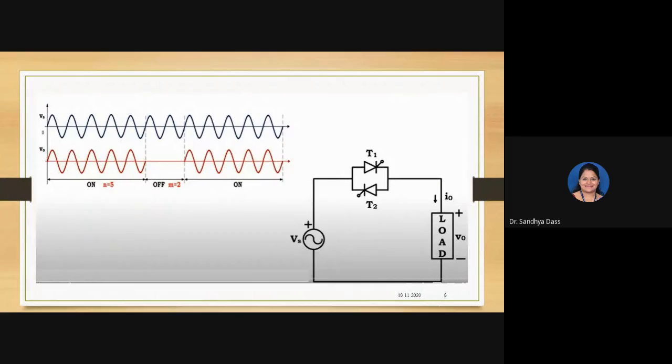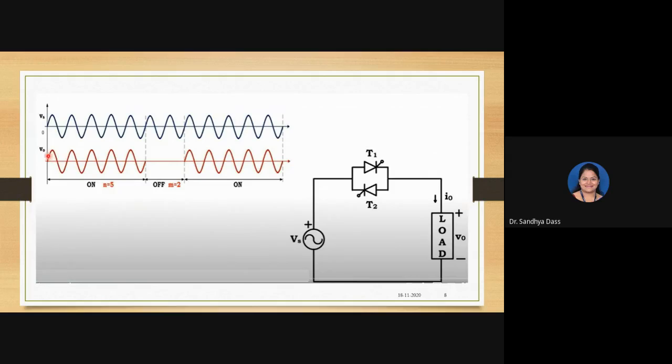Yes, the waveform is the same. Even if you turn off when M is equal to 2, the supply will be off. So I think your question is, what is the role of the thyristor? If the thyristor weren't there, you would get the same waveform, but you have to understand the role of the thyristor.